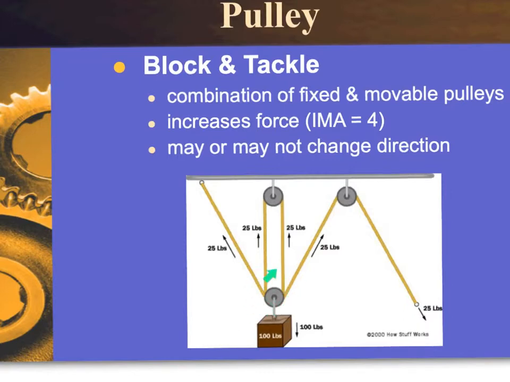Now here we have a movable pulley, and here we have our fixed pulleys. So they may or may not change the direction, and so how do we know the mechanical advantage? Well, we're going to look at the support ropes. We have 1, 2, 3, 4. Now this part right here is going to be pulling out and does not count, so we have a mechanical advantage of 4.